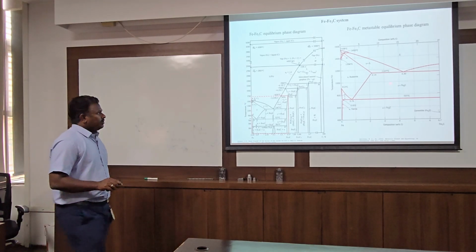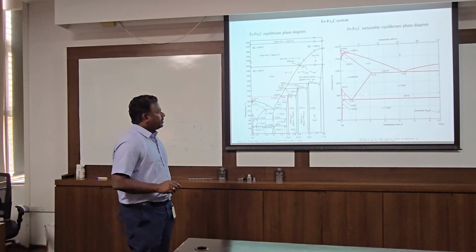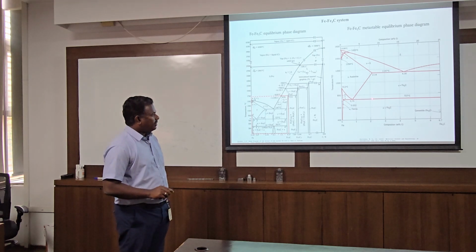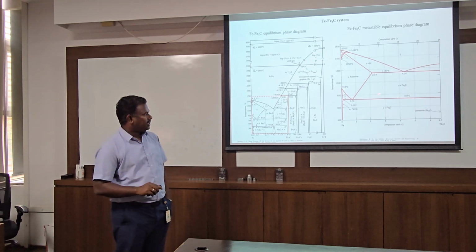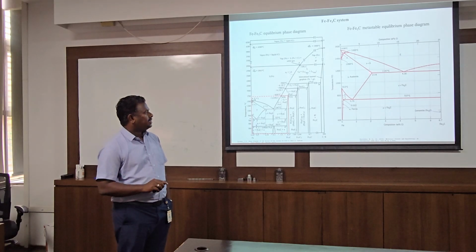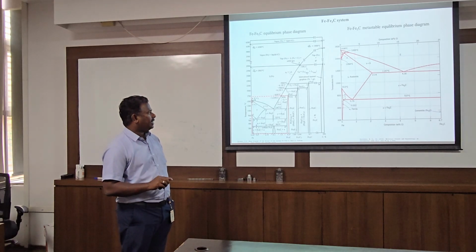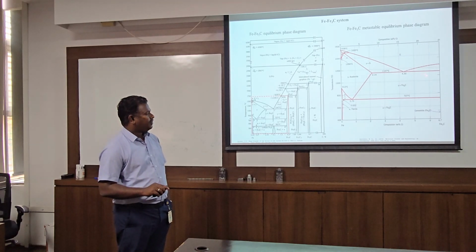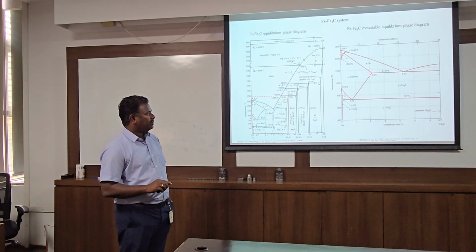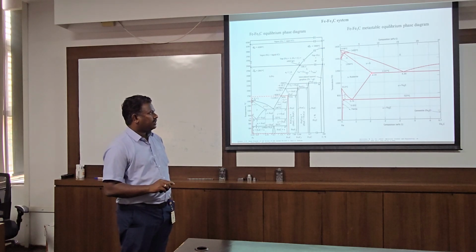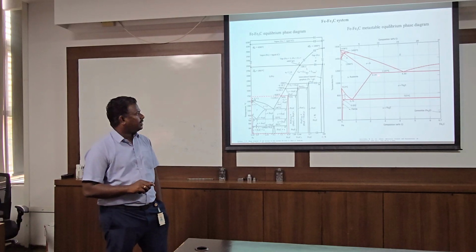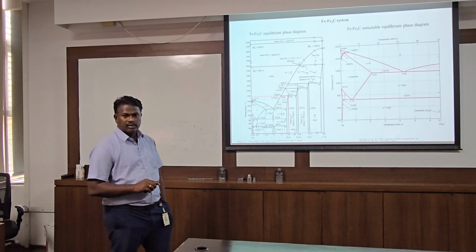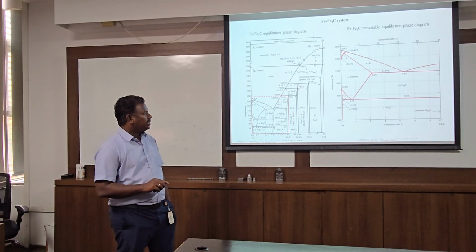Coming to our metastable equilibrium phase diagram, we have three different reactions here. As we said, this is the eutectoid reaction, this is the eutectic, and this is the peritectic. For this eutectic, what we have seen now is 2.14. That is the maximum solubility of carbon in austenite.